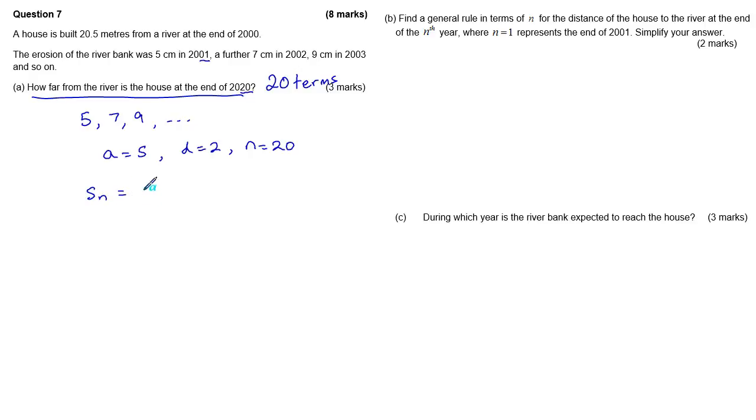So the sum of n terms is n over 2, (2a plus (n minus 1)d). So the sum of these 20 terms is going to be 20 over 2, which of course is 10, times 2 lots of 5, which is 10, and then we've got twice 20 minus 1.